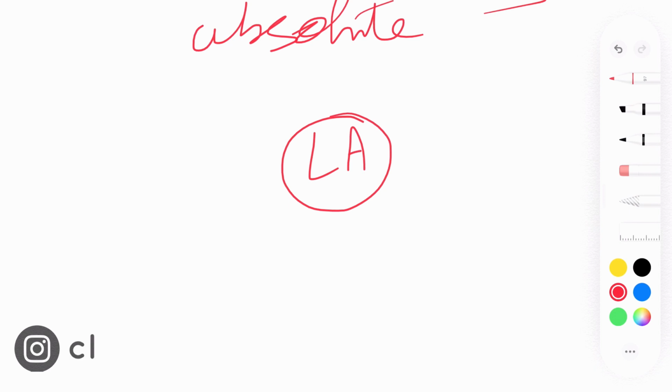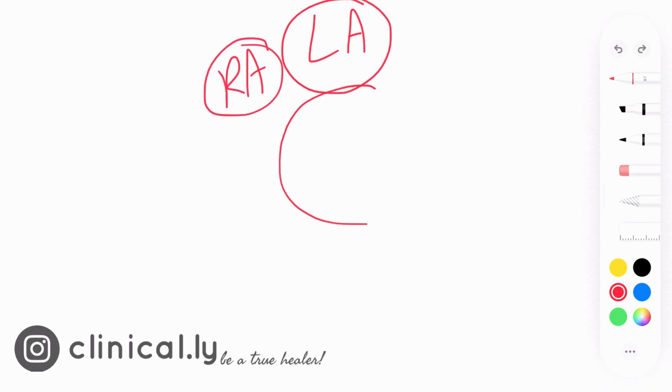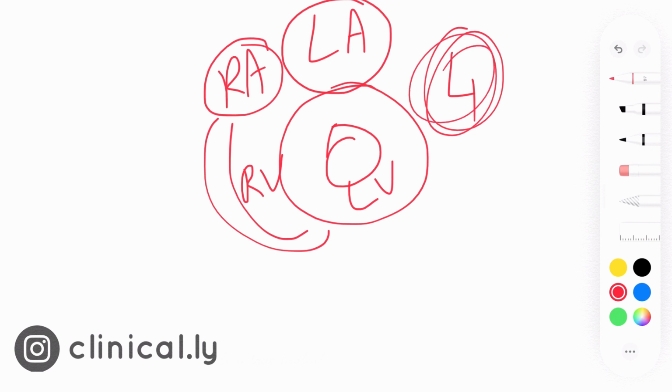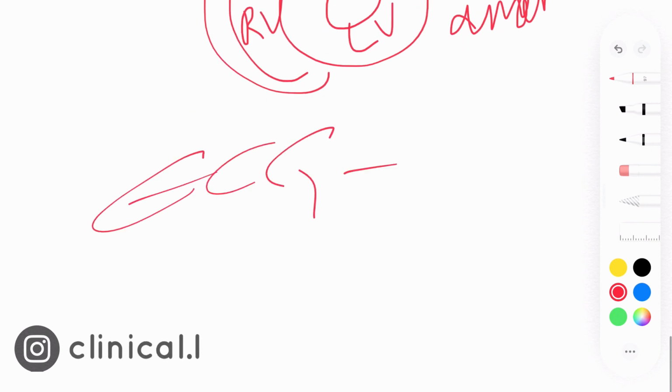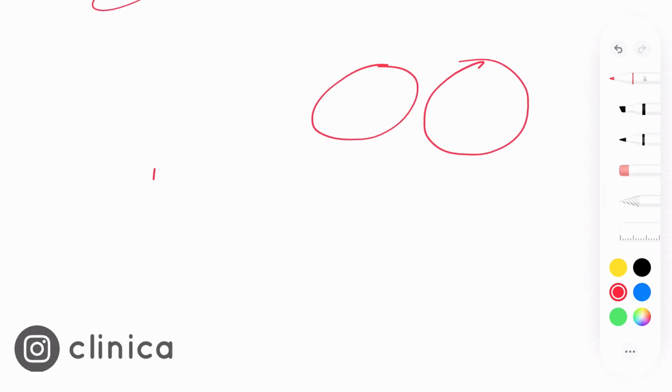We'll draw the left atrium, we'll draw the right atrium, we'll draw a thick left ventricle, and then we'll draw the right ventricle which is wrapped around the left ventricle. Now these are the four cardiac chambers from an anatomical point of view. From the ECG point of view, the right atrium and the left atrium constitute a single block.